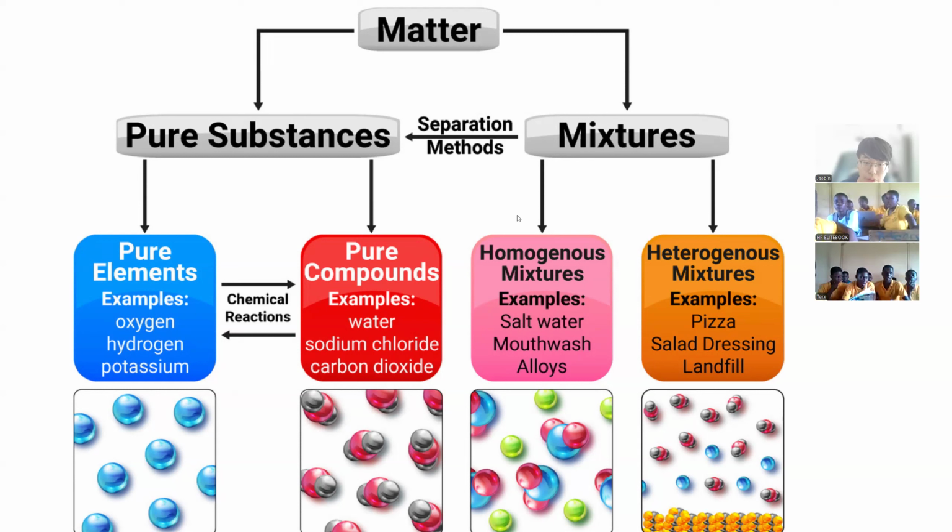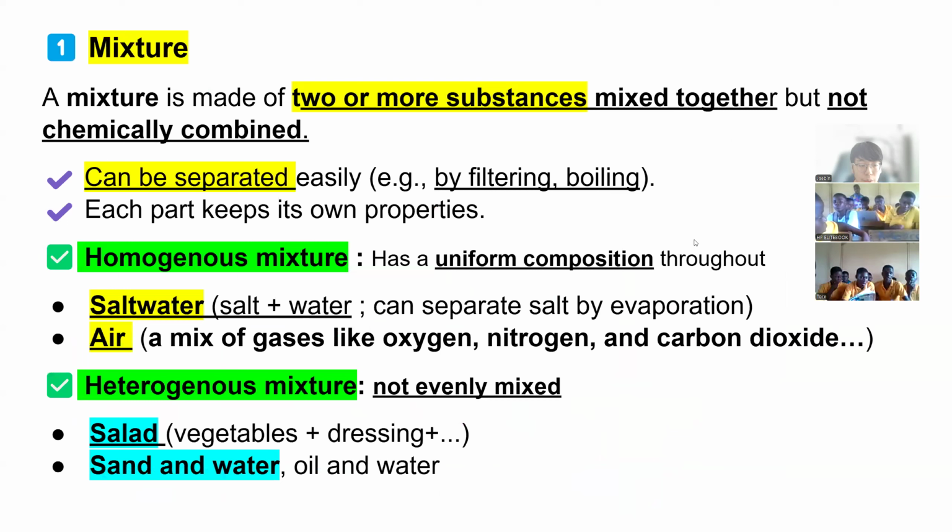Mixtures can be homogeneous mixtures and heterogeneous mixtures. But essentially, mixtures are combinations of multiple compounds. The only difference between these two is that they are evenly distributed or not evenly distributed.